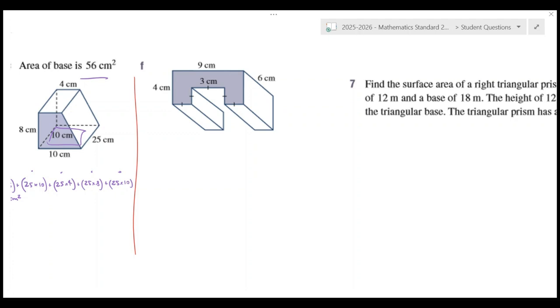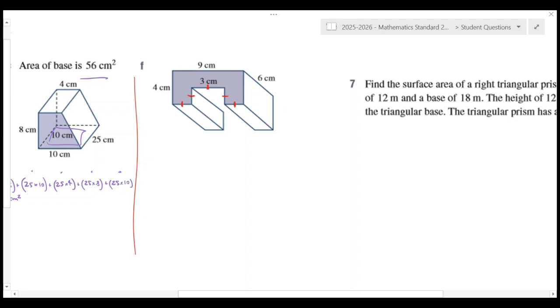Now, the big difference here, and this is something that is a little different, is we haven't been given the area for this shaded bit. So we kind of have to work out the area of that shaded bit first, or I would recommend doing it first. So what I'm going to do is I'm looking at this, and I've got 3 centimeters there, 3 centimeters there, 3 centimeters there, 3 centimeters there, 3 centimeters there.